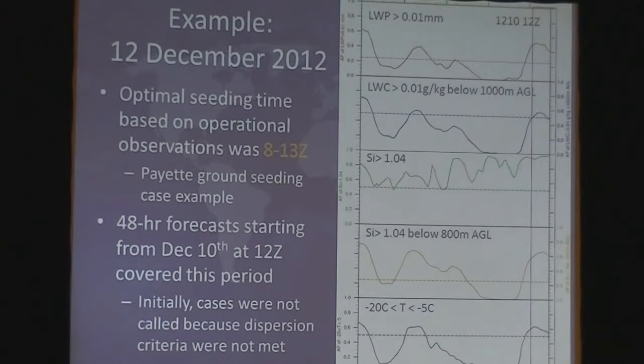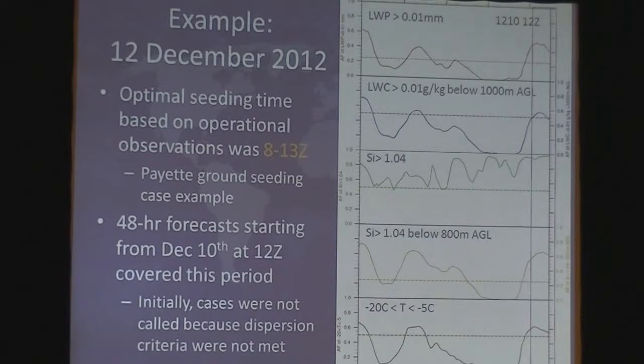This time series shows hour 3 through 48 in that simulation. Each panel shows each of the key microphysical criteria that must be met, and we're looking at the areal fractions, say, of liquid water path greater than 0.01 millimeters, for example. The dashed lines indicate the areal fraction threshold that must be met.